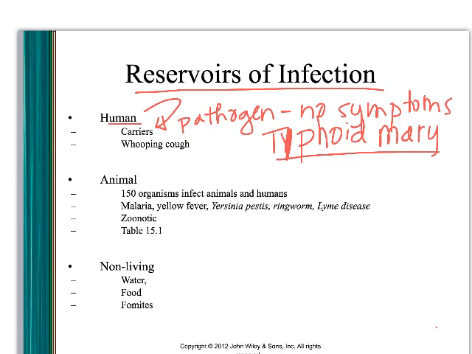So she was a cook. She carried the pathogen. The Salmonella typhi was the pathogen. Actually, carriers carry it in their gallbladder. So she carried it in her gallbladder, and she would infect the families that she worked for.